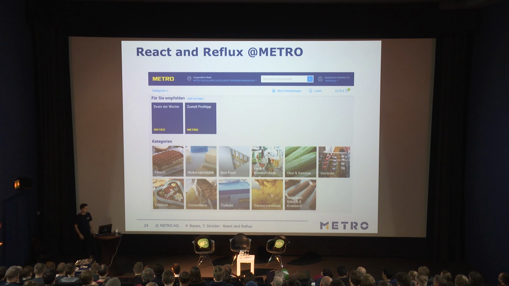We have our own depot that is just being built up, completely managed by our software. So it's a whole ecosystem around this, and for the customer, just a plain simple web shop. A lot more is happening behind the curtains. That is why we are using React and Reflux at the moment, but we are basically free to choose. I'll come back to the tech stack on the next and last slide.